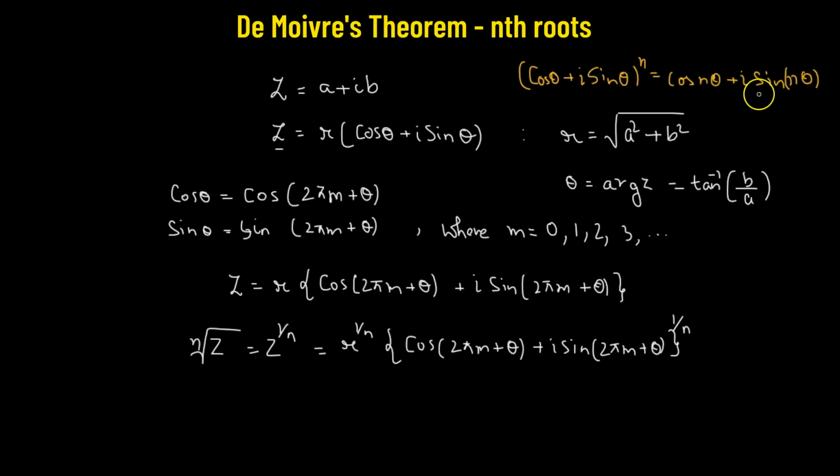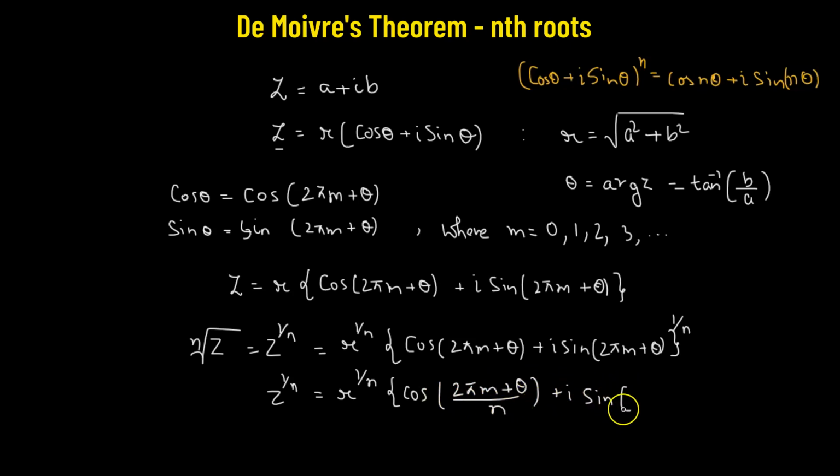Now in our case, our n is actually 1 over n, which means the nth root of our complex number will become r raised to the power of 1 over n multiplied by cosine of (2 pi m plus theta) over n plus iota times sine of (2 pi m plus theta) over n. Here we have applied De Moivre's theorem. This is what is referred to as the nth root of our complex number z.